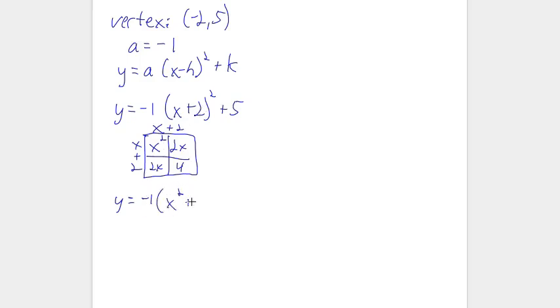So x squared plus 4x plus 4. And don't forget about the plus 5 we still have. Right, what we're doing right now is trying to get this equation in standard form, y equals ax squared plus bx plus c. So the next thing we need to do here is distribute the -1. Don't forget about your plus 5. And finally, we have some like terms we need to combine.